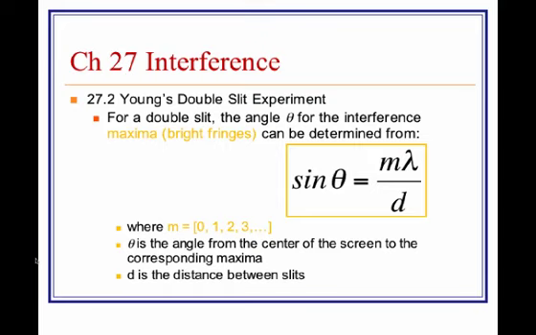This is for Young's double slit experiment, showing the interference and the angle for the bright fringes, or the maxima. It's related to m, which is an integer value, and if it's 0, then the angle is 0 because it's straight across. As you move up, it depends on the wavelength and the distance between the two slits themselves, that spacing distance.